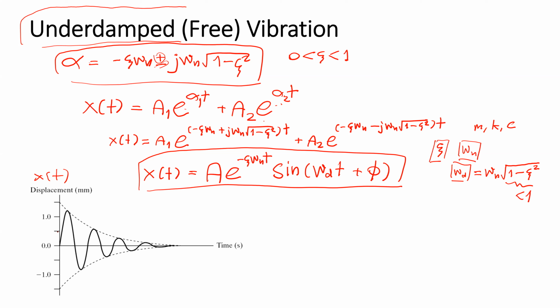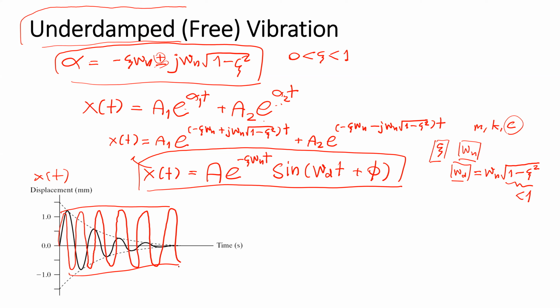So if the system doesn't have the damper, the vibration can go faster. The omega n is high, and the amplitude is always constant, never changing.